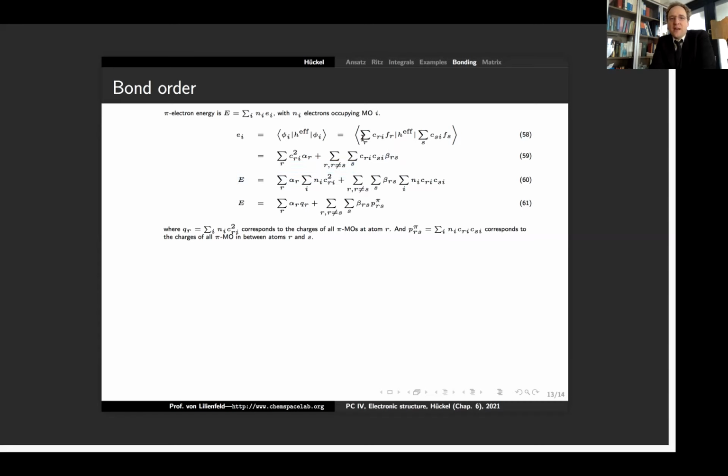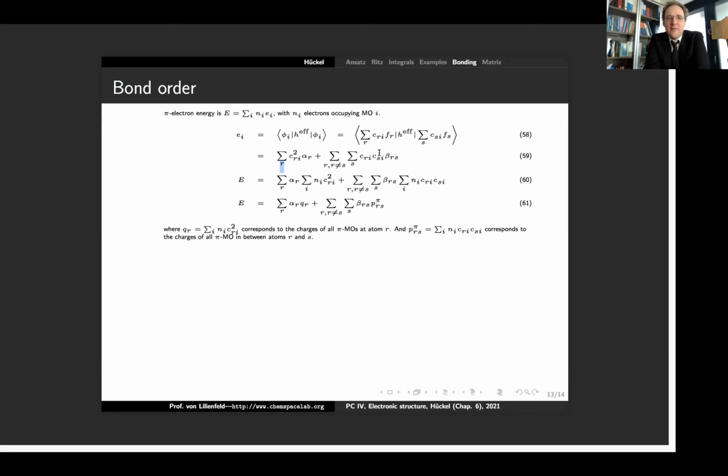You sum here over atoms R and S, and the beta terms are your neighboring atoms. So the alpha terms only survive for the same atoms. This is why one of these sums has died, and your coefficients are squared now.